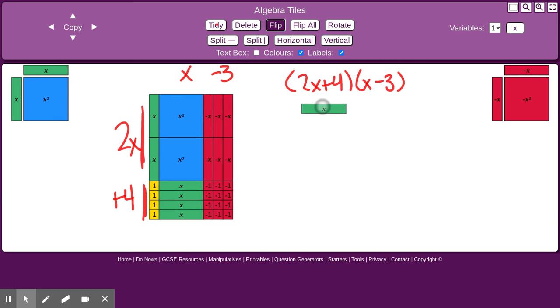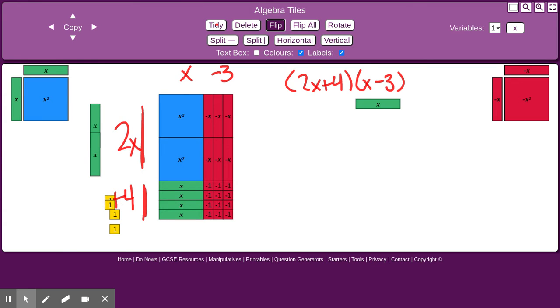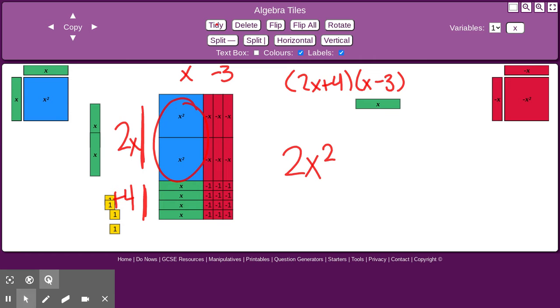So we had our x minus 3, and we had our 2x plus 4. And when we multiply them out, we get 2x squared. And the key thing here is, remember in that first video, I said that if you have a positive one of these and a negative one of these that are the same size and the same variable, same size and same shape, they cancel out.